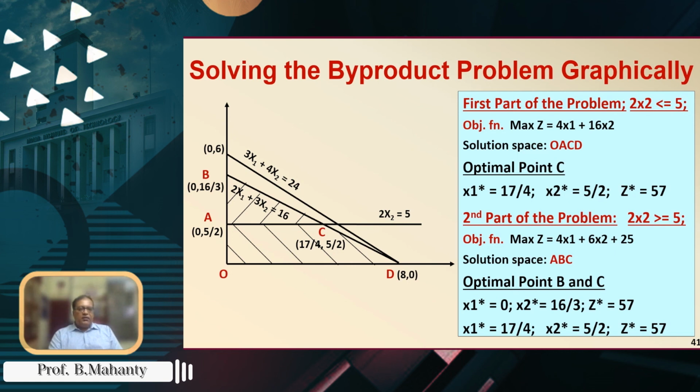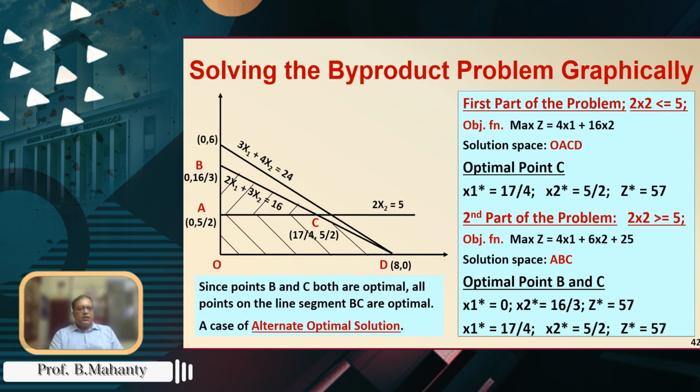That is how this problem is unique in the sense that it has an alternate optimal solution, and it also has a temporary degeneracy at point D. Since points B and C are both optimal, all points on the line segment BC are optimal, which is a case of alternate optimal solution.